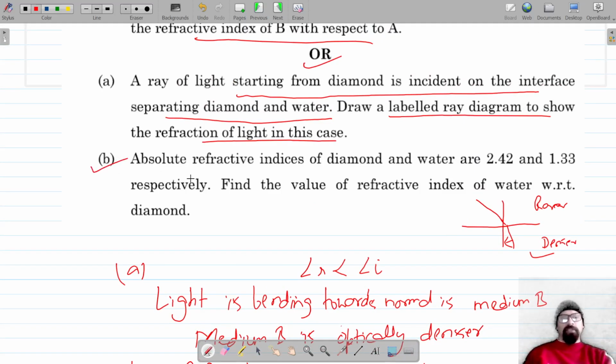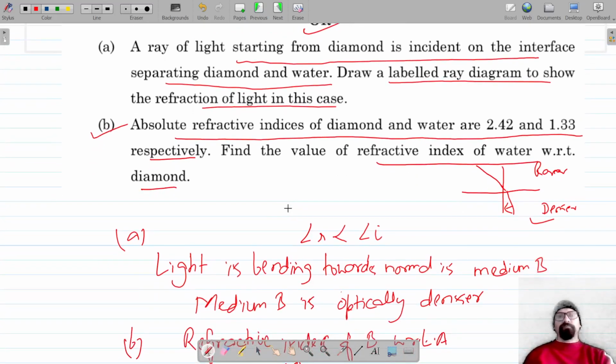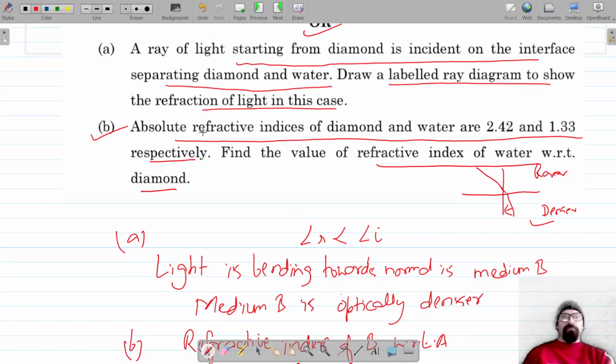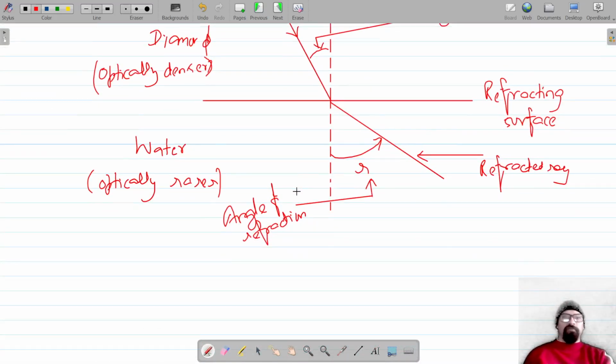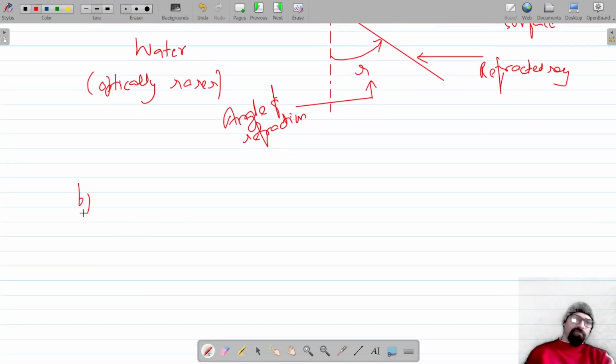Next, the absolute refractive indices of diamond and water are given, and we have to find the refractive index of water with respect to diamond. Now, what is the absolute refractive index of a medium? It is the ratio of the speed of light in air or vacuum to the speed of light in that medium.